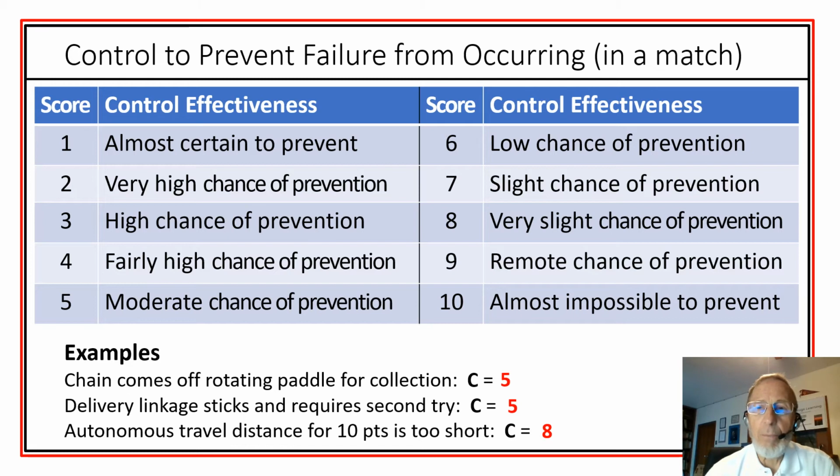So in this case, I might say it's a very slight chance we could prevent it. Maybe there's a little bit of a chance, but probably not much we can do about it. So again, we choose these control scores based upon our experience and understanding of what the robot must do.